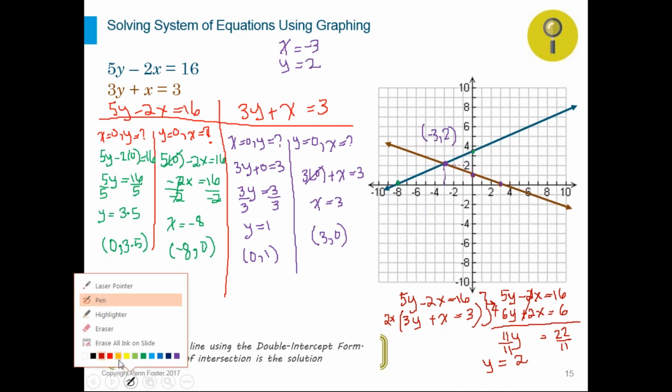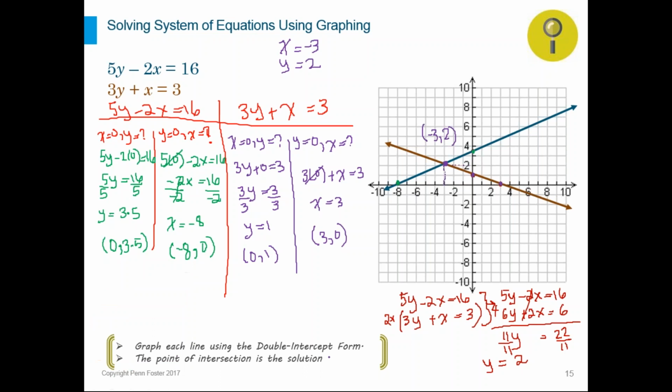Since y equals 2, I can say 3 times 2 plus x should give me 3. 3 times 2 is 6, plus x should give me 3. Solve, so x equals 3 minus 6, then x equals -3.